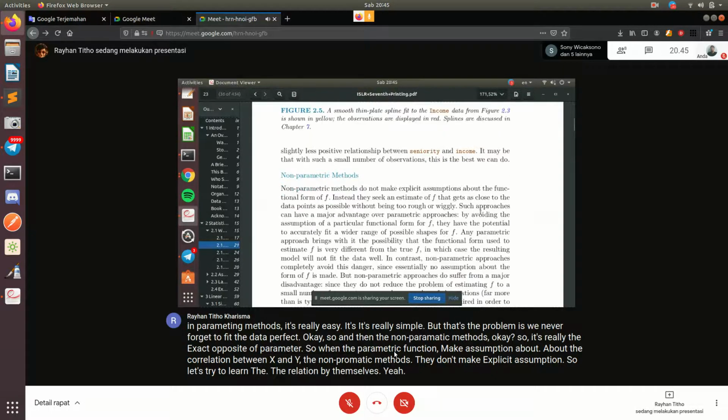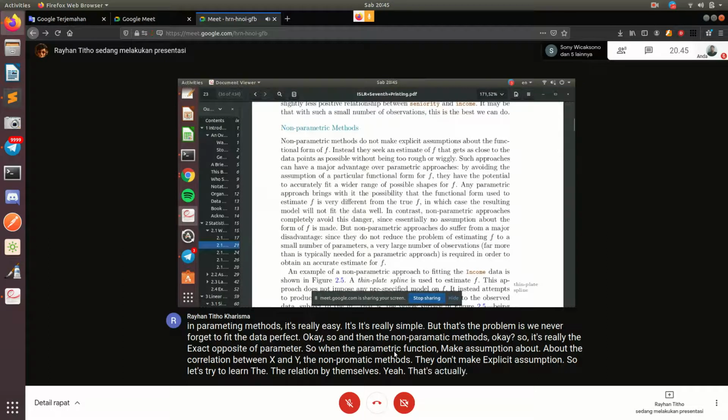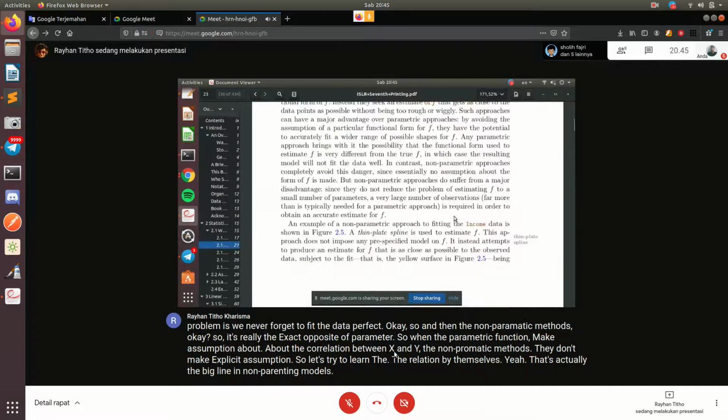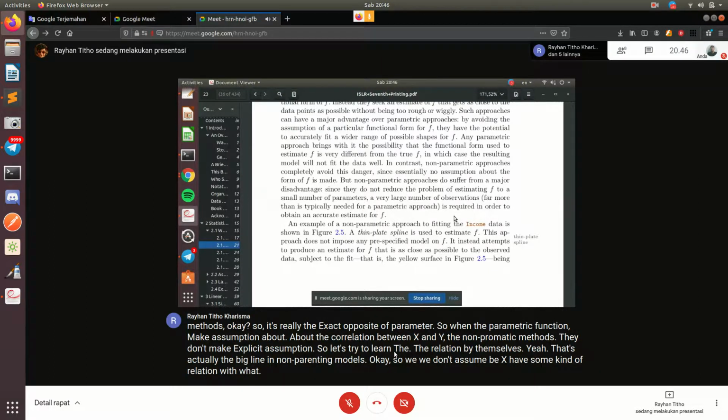That's actually the big line in non-parametric models. We don't assume X has some kind of relation with Y. Instead, we try to learn the relation, though in non-parametric methods there's a certain level of assumption.